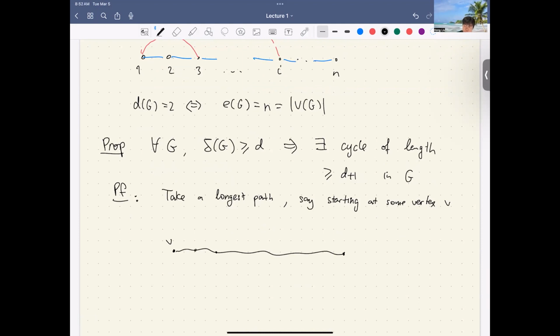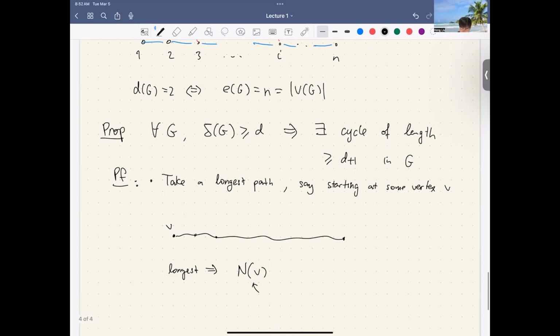Longest path means that the neighbors of V, the set of all vertices adjacent to V, must all lie on this path, right?